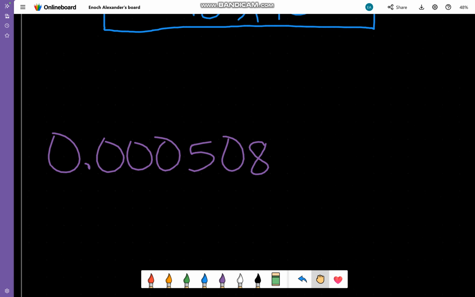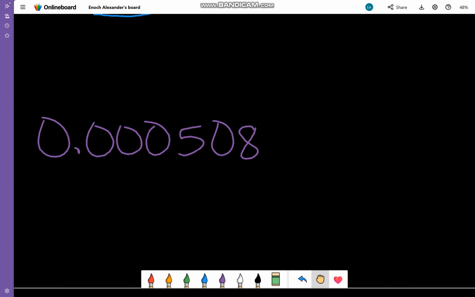This number is a little bit smaller, not too big. Once again, as I mentioned before, do not count the zeros, because in this case we have a significant 0 here. And if you count the zeros, you will more than likely write the wrong scientific notation. It won't be in scientific notation as you want it to be.